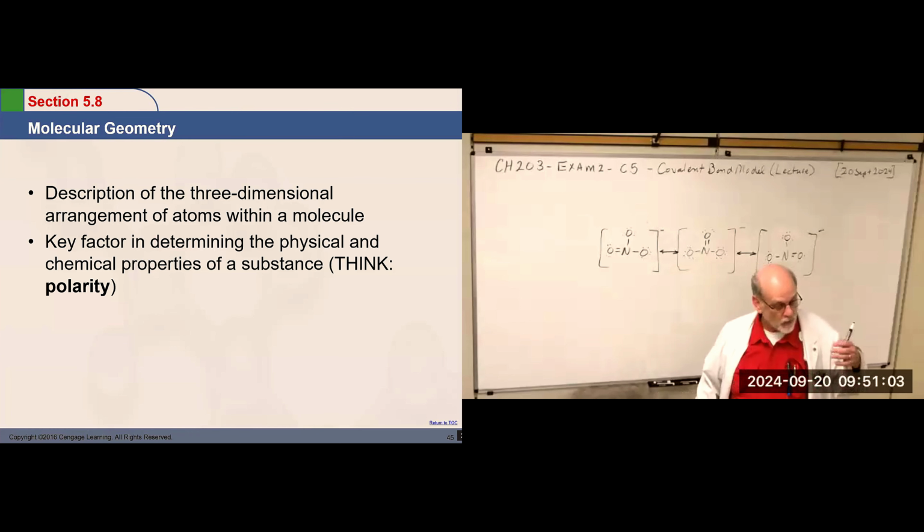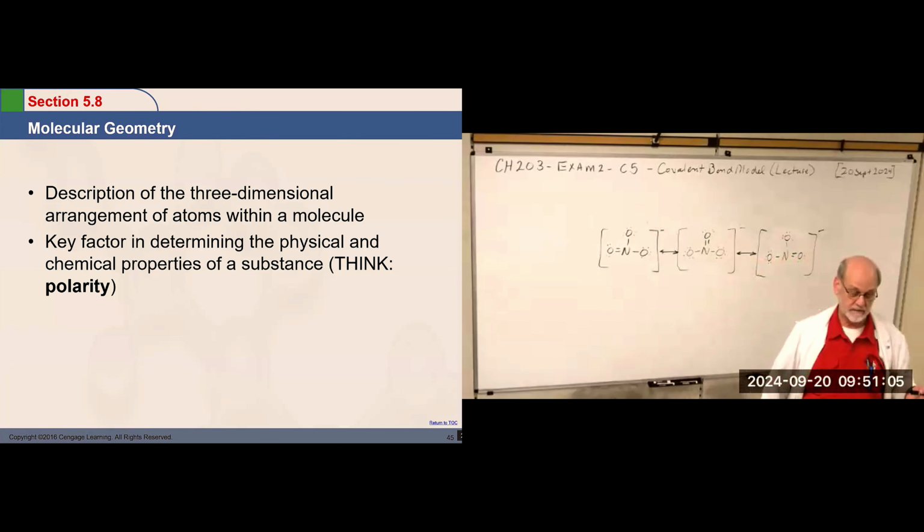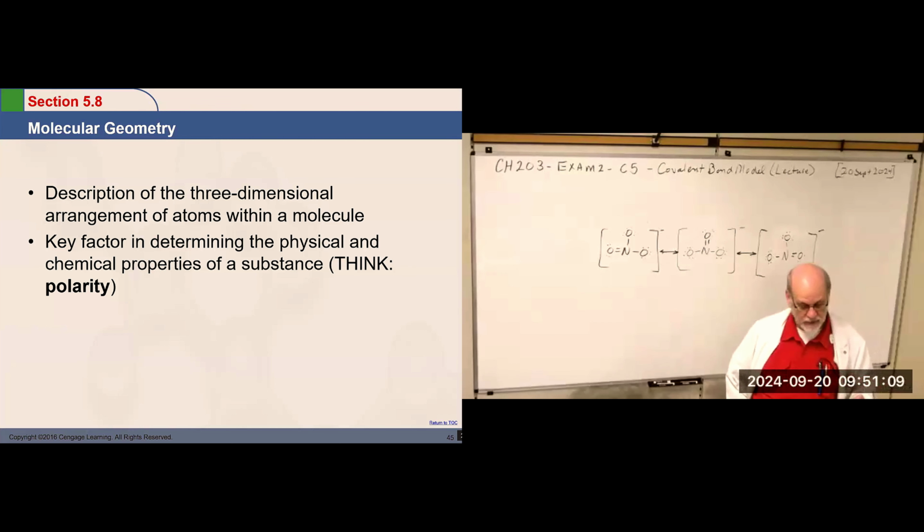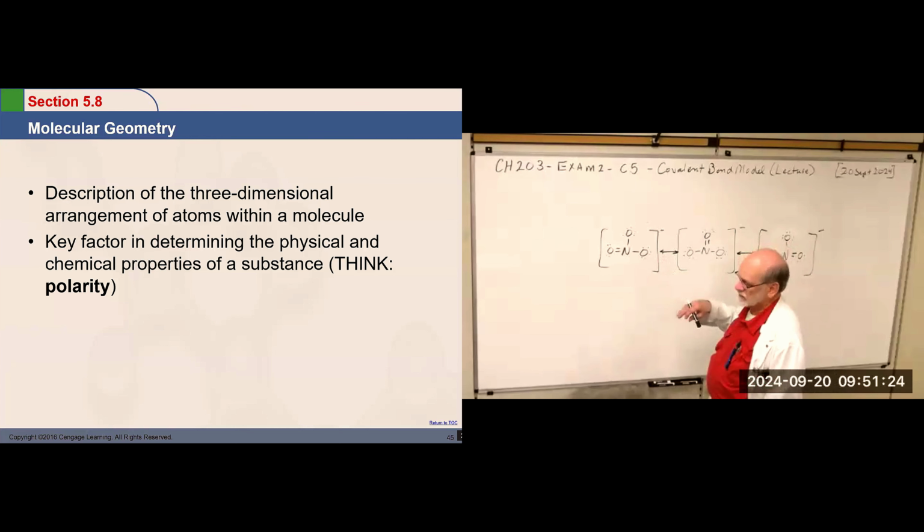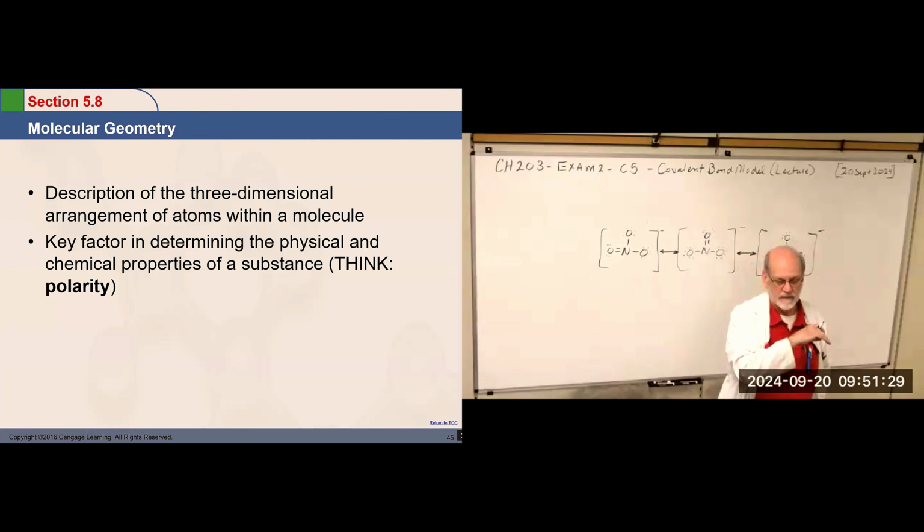Why are we interested in the three-dimensional structure? Because it leads to predicting various chemical and physical properties of the molecules. Oxygen, usually to the right and above, has a stronger attraction to electrons than its neighbors to the left or below.